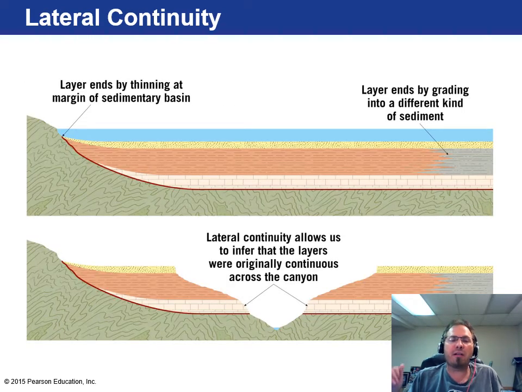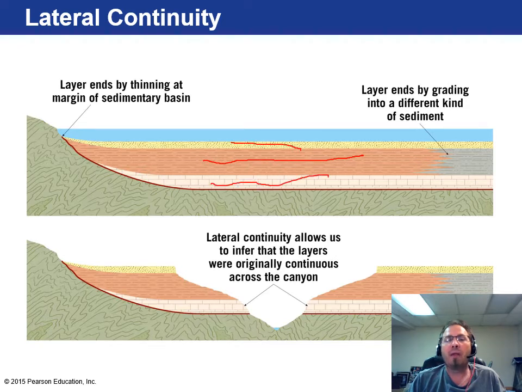So let's take a look at this diagram here. If we look at the middle of this diagram, you can see it's all continuous all the way across. Same thing with this yellow layer and this limestone layer at the bottom. However, at some point, they do stop. So you see over here, they sort of butt up against what would be called the bedrock here, and they what we call pinch out.